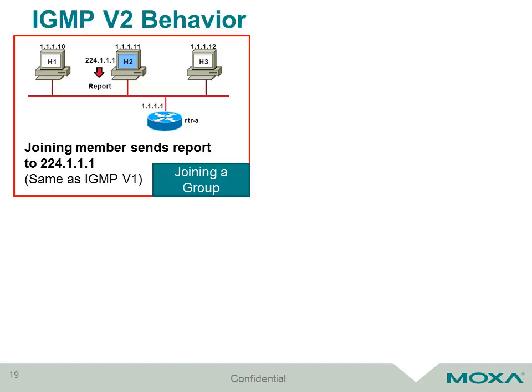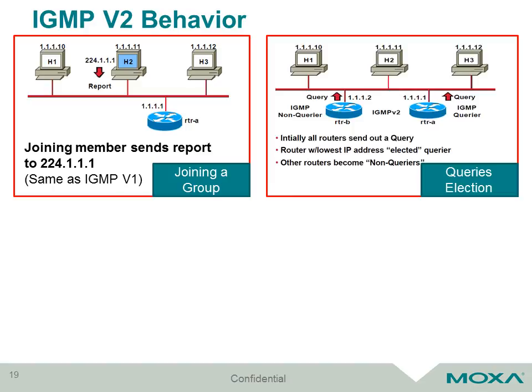Here are 4 diagrams to show you the behavior in IGMP V2. First diagram: when a host wants to join a group, it will send a join report to 224.1.1.1, which is the same as IGMP V1. Next diagram: this is how IGMP V2 elects the querier.